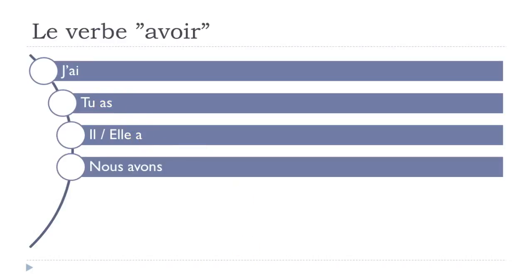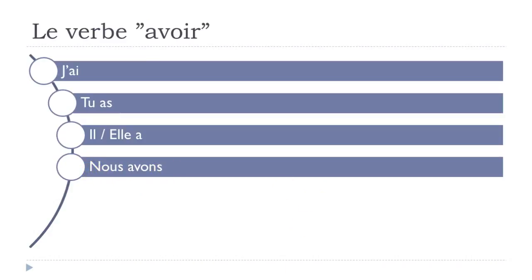Then nous avons, final s not pronounced. And then we tend to make this little link, as I said previously in the lesson for être, between the two, so nous avons.